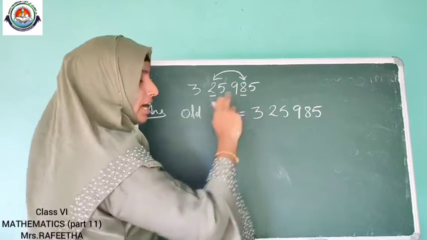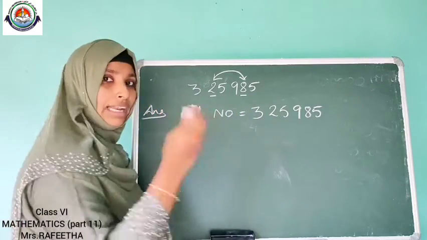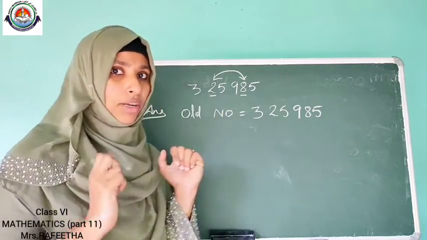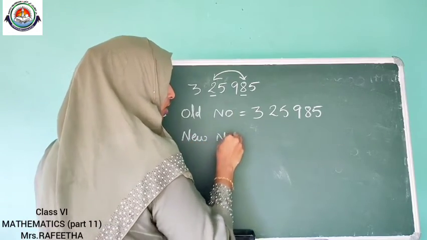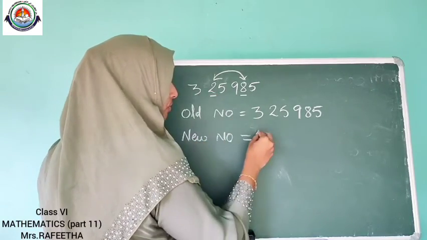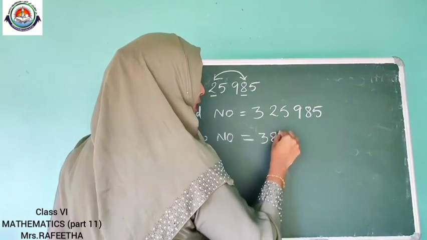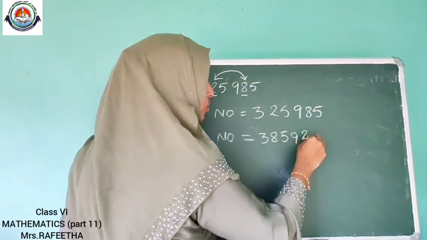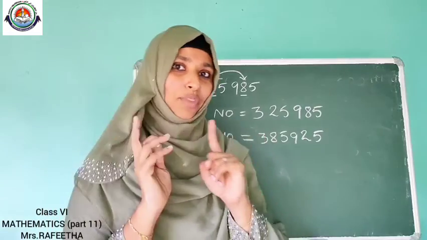And instead of this 8, what do we want to write? 2. So we can interchange and write that new number. What is the new number? New number is 3, instead of 2 we write 8, then 5, 9, instead of 8 we write 2, then 5. Now we got the old number and the new number.